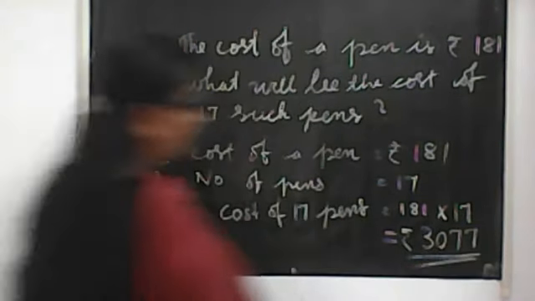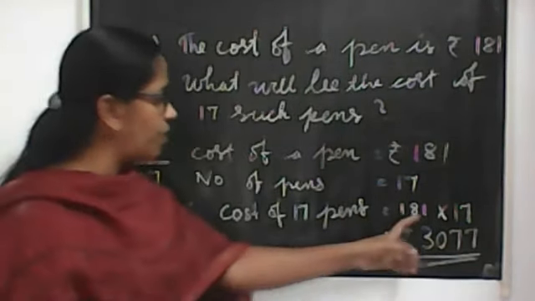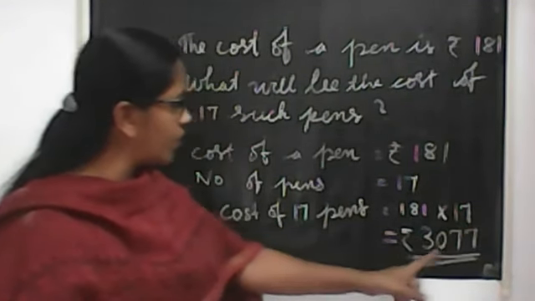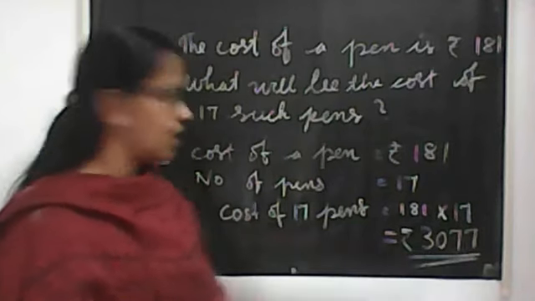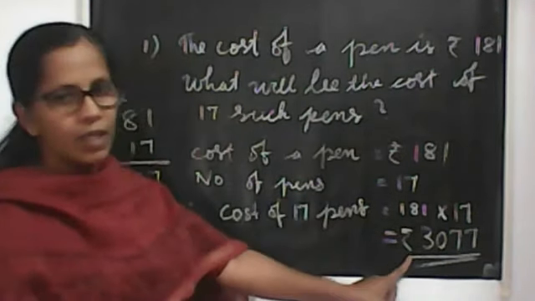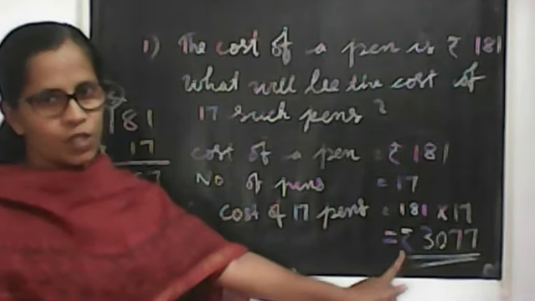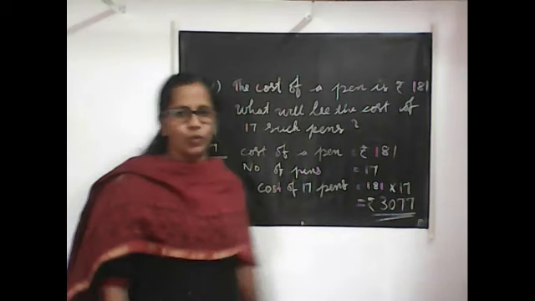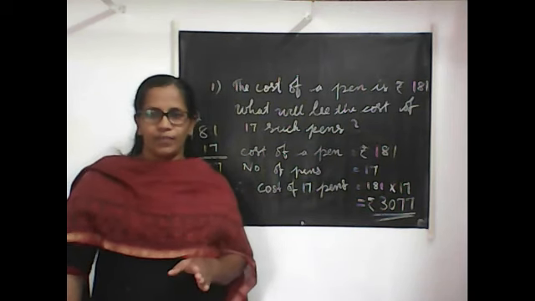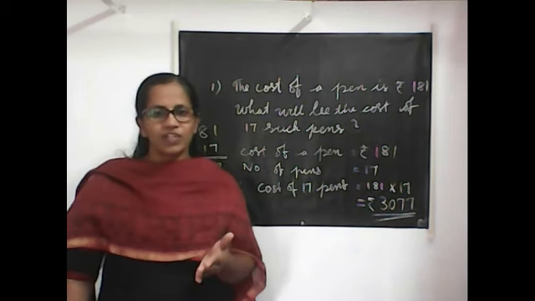3077. So if the cost of one pen is 181, then the cost of 17 such pens will be 3077. Since it is rupees, the answer also will be in rupees. They ask for the cost, so you have to write the rupees symbol also. This is what we have to do for multiplication. How did you understand it is multiplication?